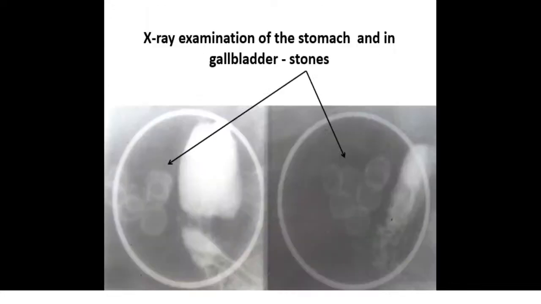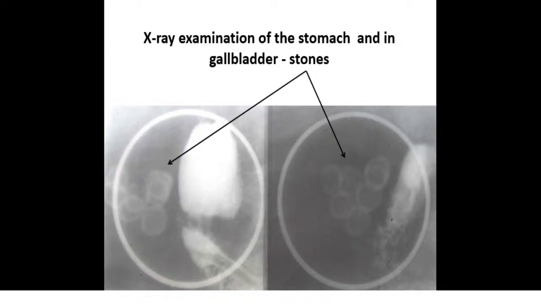This is a situation when the patient has an examination of the stomach, and near the stomach we can see many stones. The patient has pain in the epigastric region, and the doctor does an X-ray examination of the stomach.